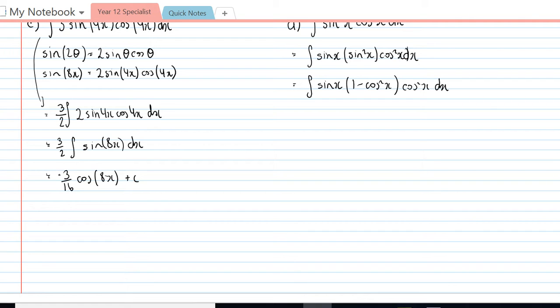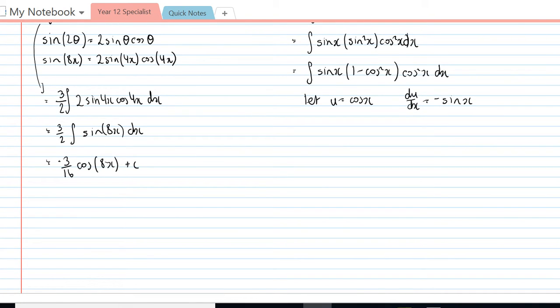So at this stage I'm going to use a substitution. I'm going to let u equal cos x, which means that du dx should be, now differentiating cos gives negative sine, and so I can substitute these into the rule now.